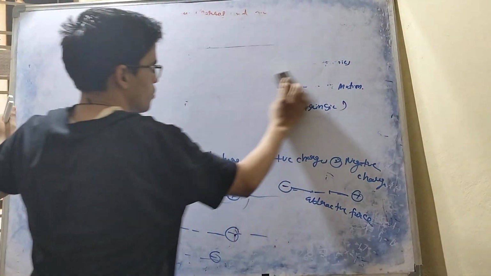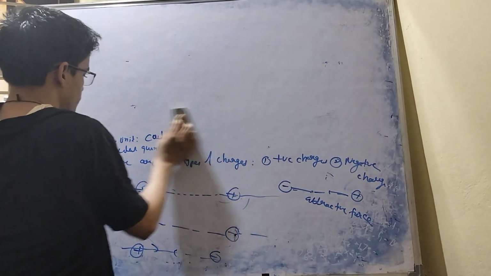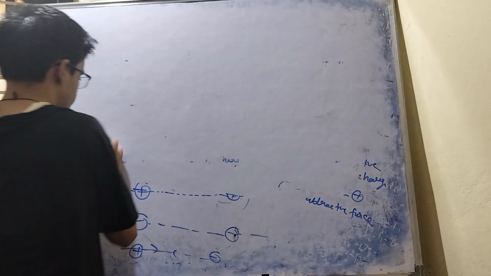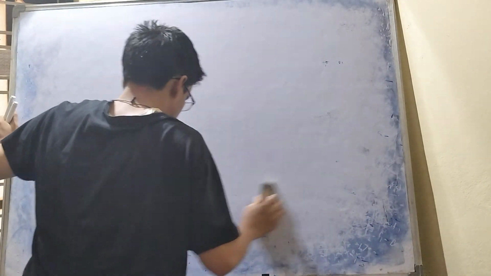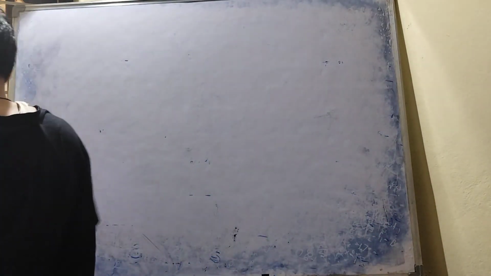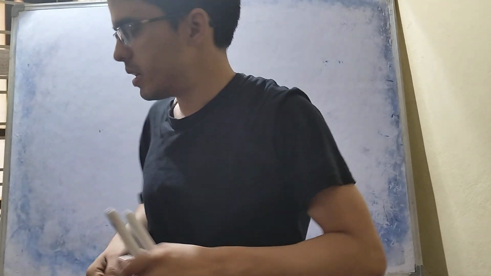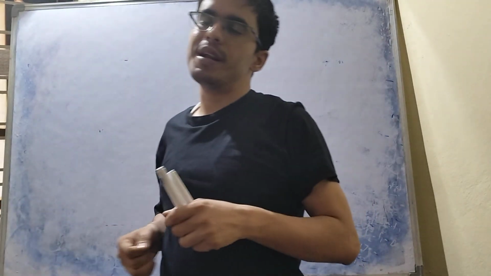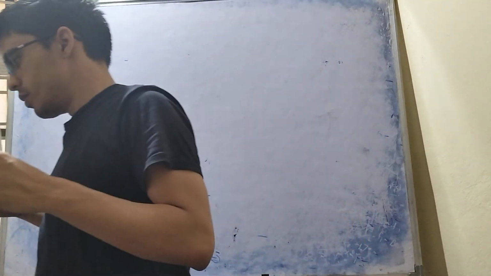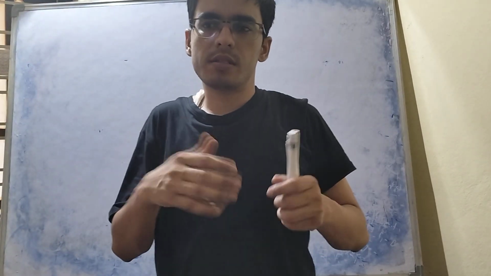But first I want to tell some other basic concepts about charge, right? You know, charge can be positive or negative, but mass will always be positive, right? Next, charge is independent of speed.